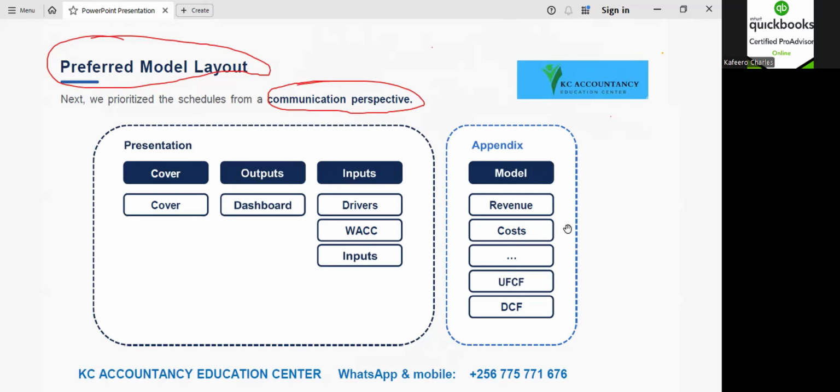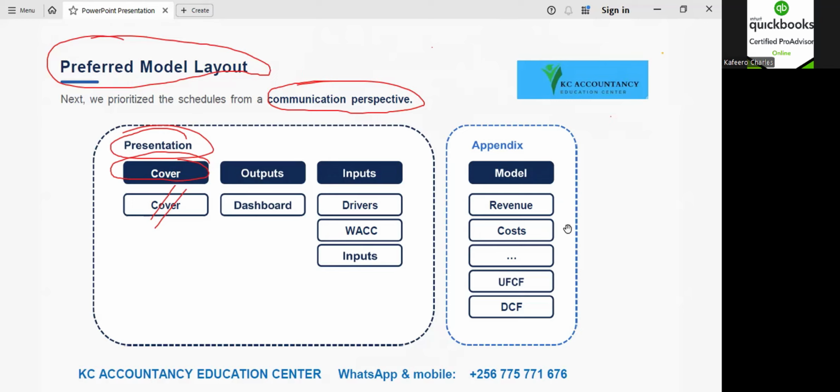The first thing that we are always going to lead on in the presentation perspective is, by default, that one tab that we call the cover. And what we put on there is what we call a cover page.